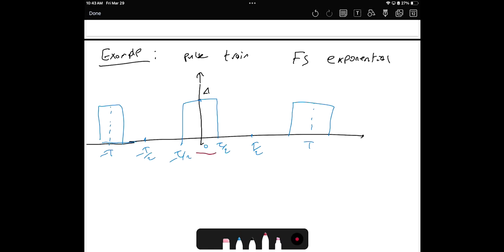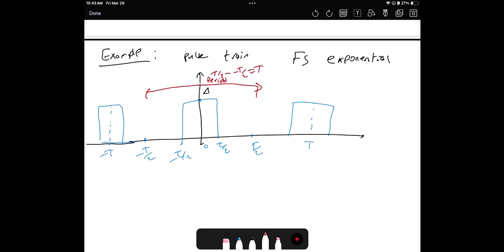So the period is not only this. The period is the whole thing between T over 2 and negative T over 2. So the total will be T, or in other words, T over 2 minus negative T over 2 equals T. So this is the whole period, one period.